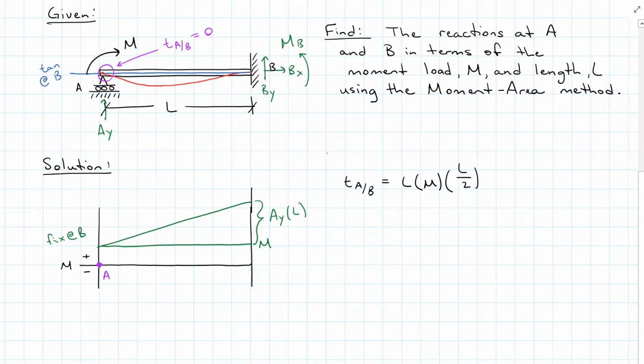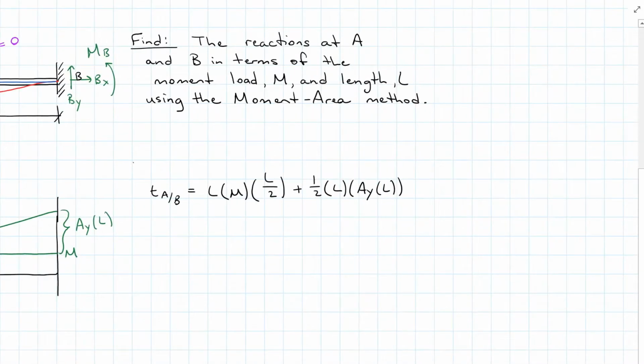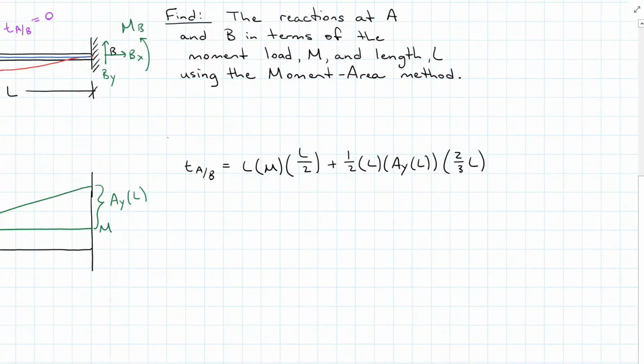And that'll be going counterclockwise, so I'm going to add it to my equation, as is my AY reaction. So it is 1/2 base times height times the distance to its centroid from A, which is 2/3 the length. And this is all equal to 0.